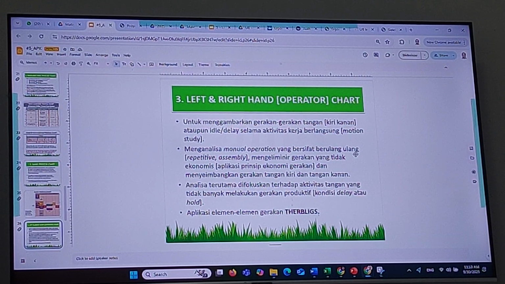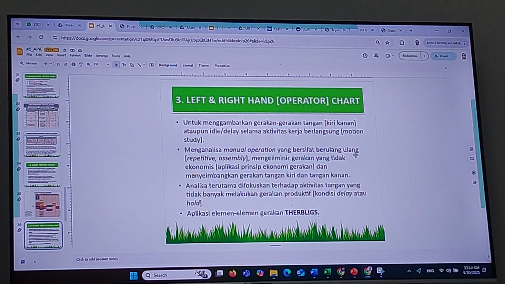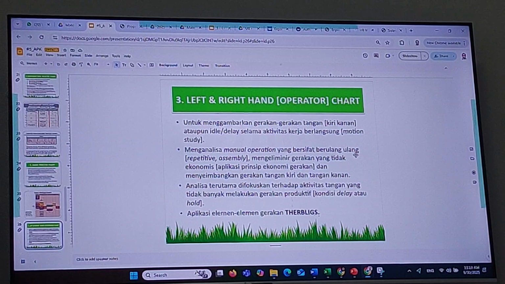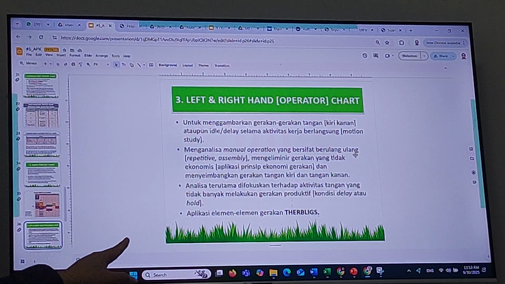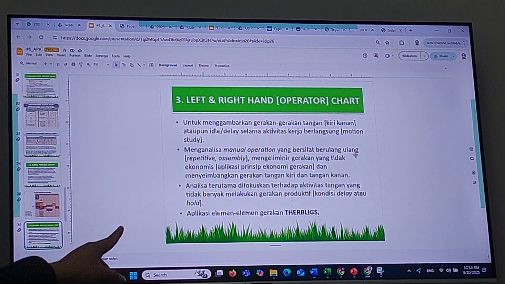So in this class, the concept is only two parts: before and after the midterm exam. Before the midterm exam, we discuss method study. In method study we have motion study: how to capture the time of activities like grab and release with this chart, the peta tangan kiri, peta tangan kanan, left and right hand chart.